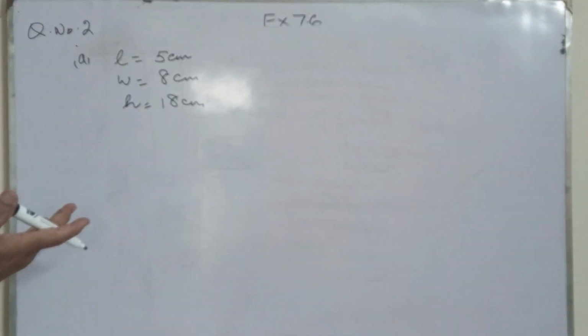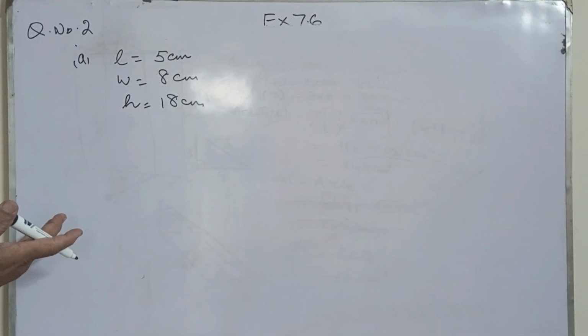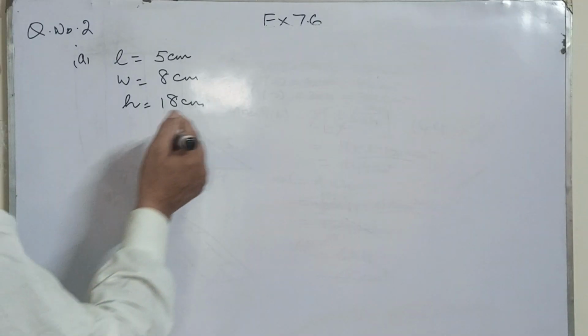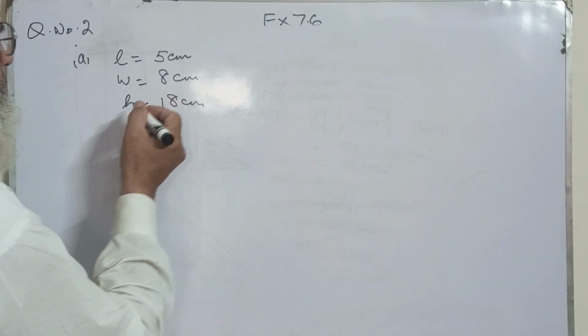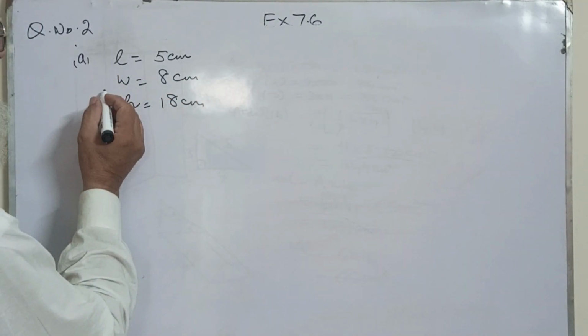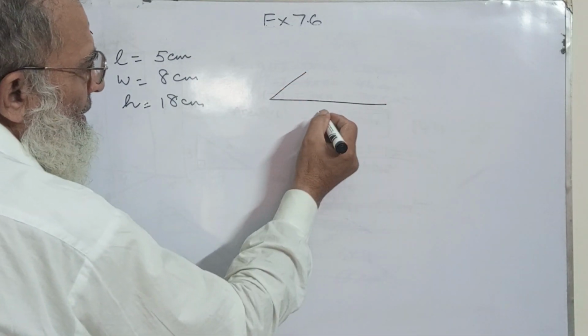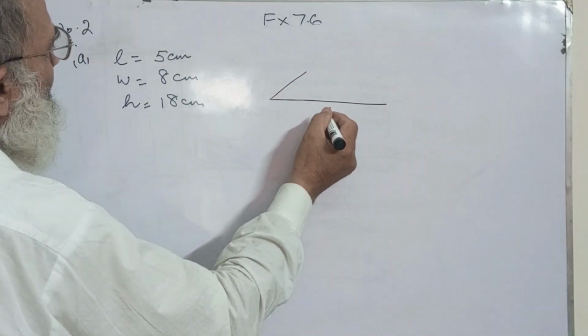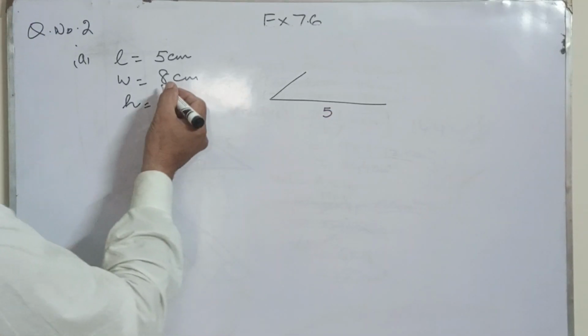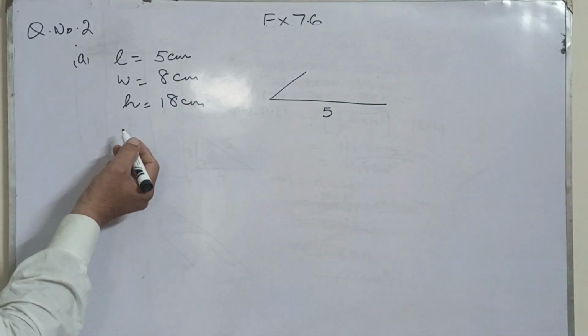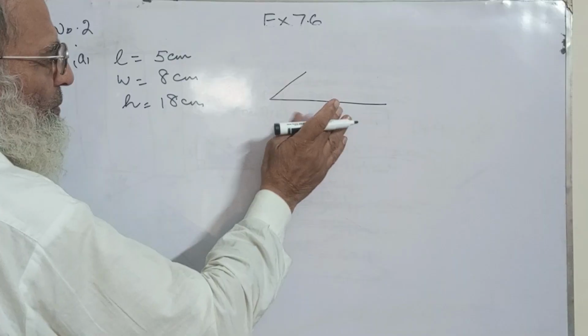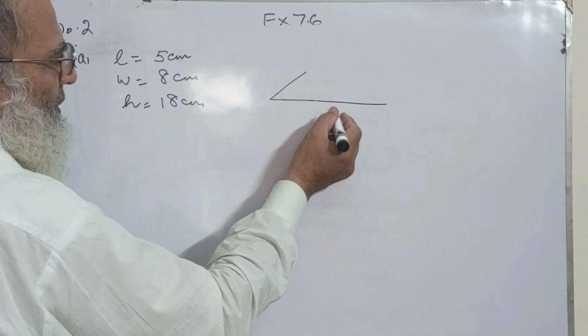So, if you want to draw this, you can draw it. We'll take length and width. This is length, which is 5 centimeter. Length is less than width, okay, no problem, I'll just do it like this.